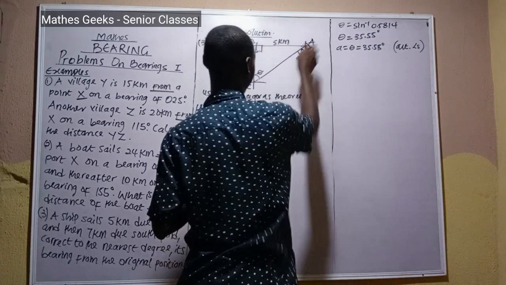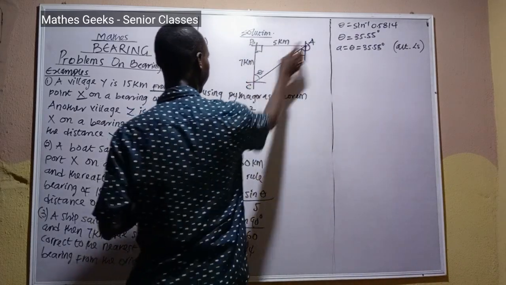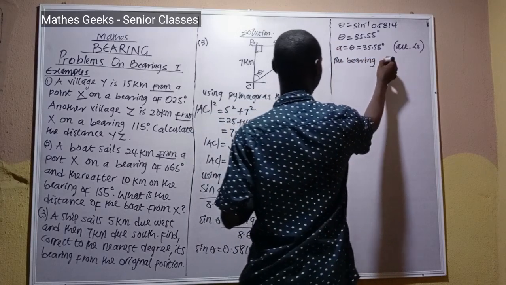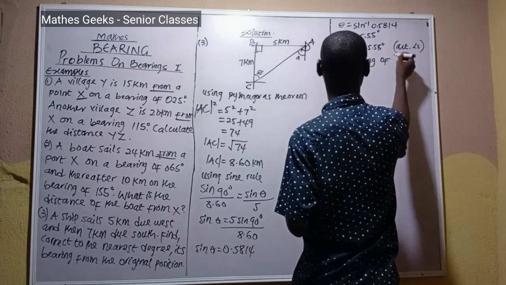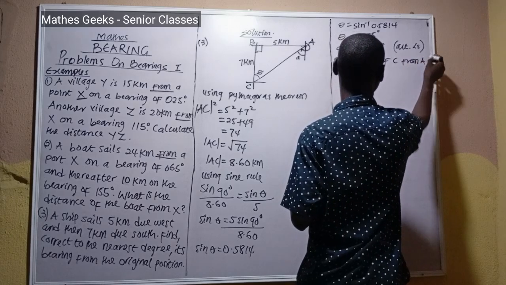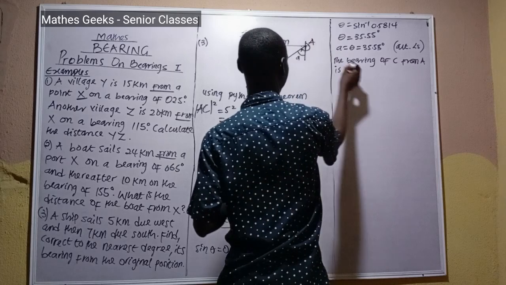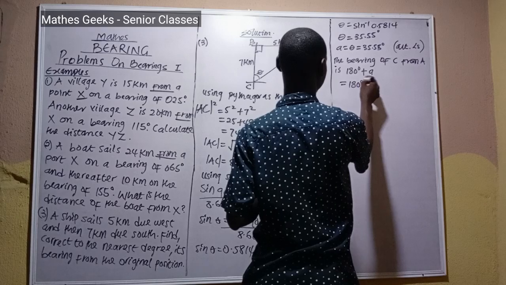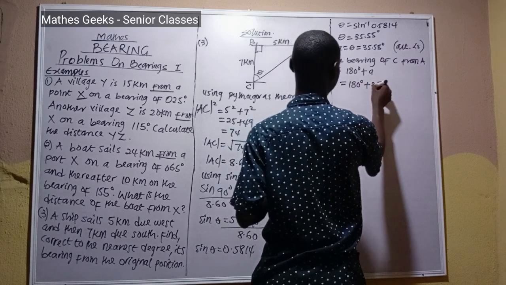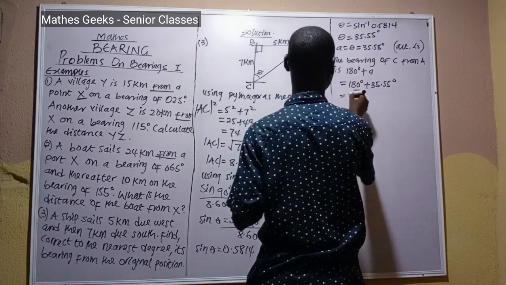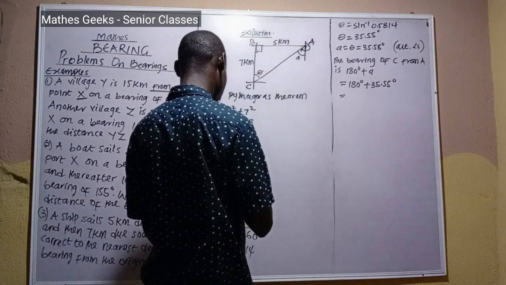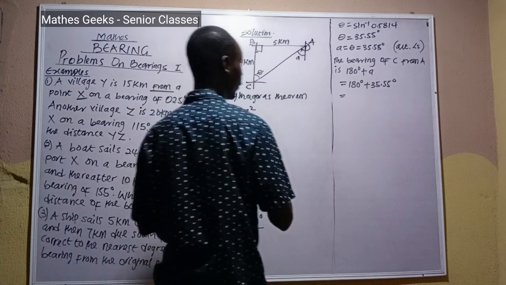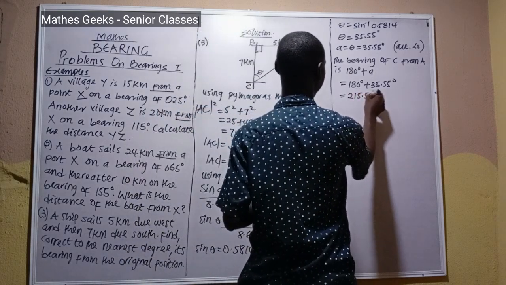That will help us compute the bearing of C from A. The bearing of C from A is 180 degrees plus A, which is 180 plus 35.55, that's 215.55 degrees.